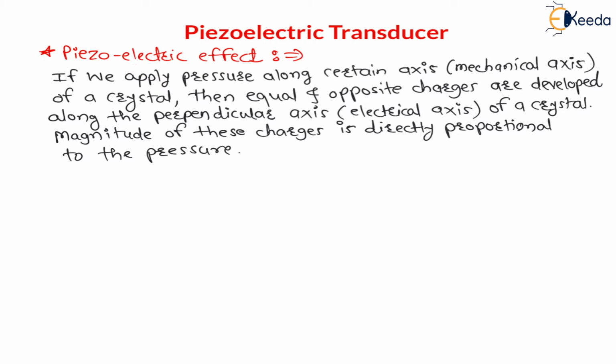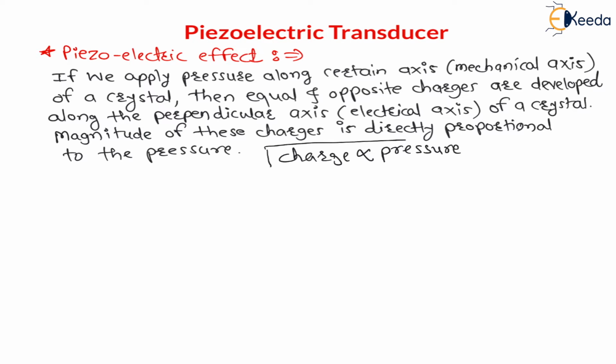It says that if we apply pressure along a certain axis of a crystal, called the mechanical axis, then equal and opposite charges are developed along the perpendicular axis, called the electrical axis of the crystal. Charges developed means an electric field is developed. And my dear students, the magnitude of these charges is directly proportional to the pressure, right?